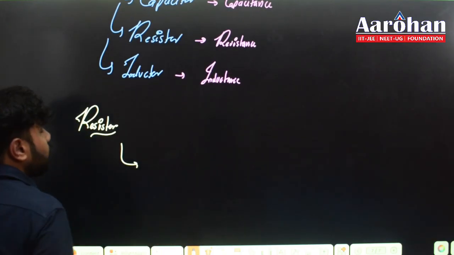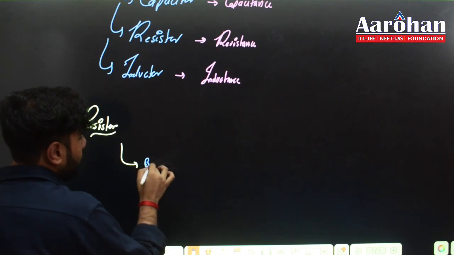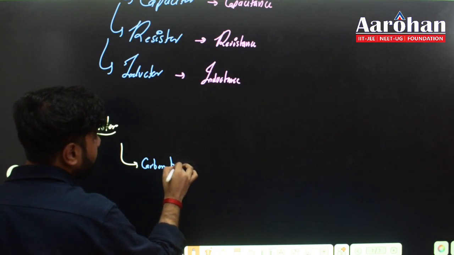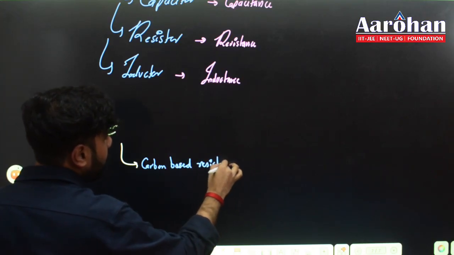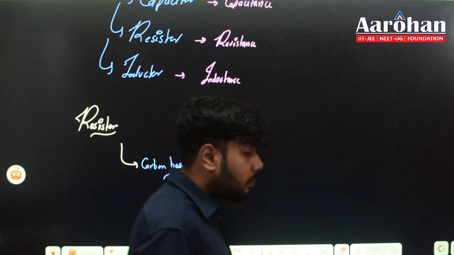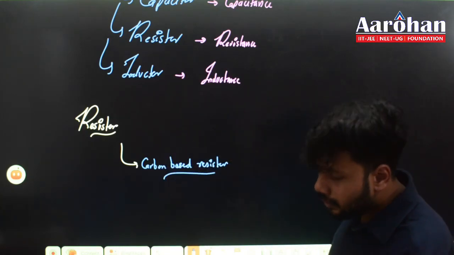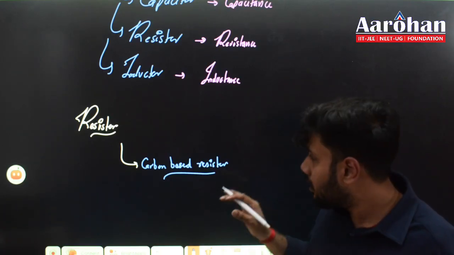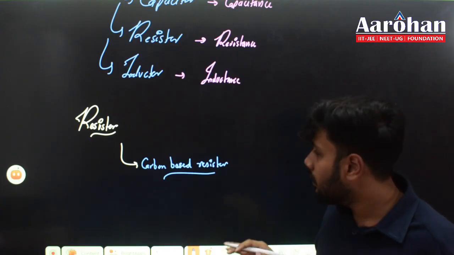There are many varieties of resistor, but what we are going to study is the carbon based resistor. If you go into your physics lab and open the resistance box, you will see the same carbon based resistor which I am going to talk about.